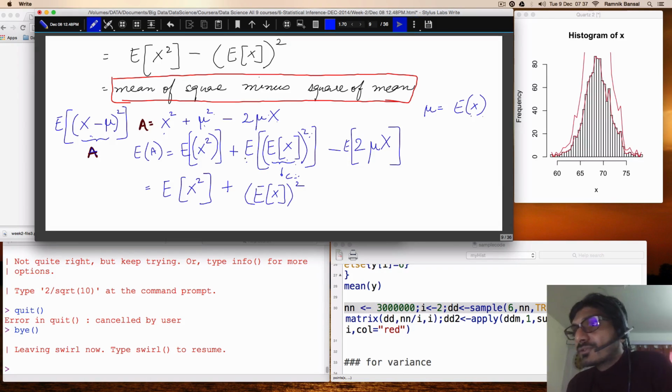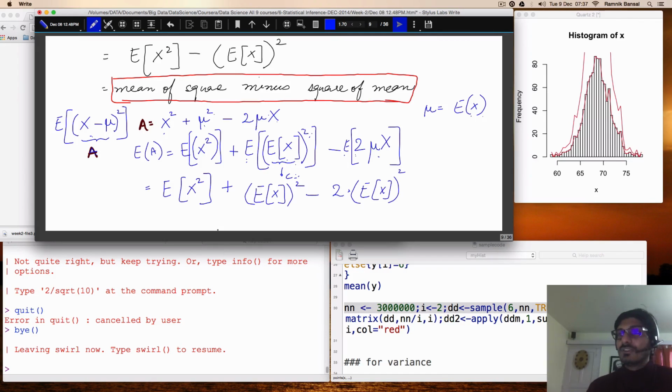Is this clear? So expected value of expected value just leads to a constant value. Minus, now here these two are constants, 2 mu into expected value of x. Which will become nothing but 2 into expected value of x the whole square.